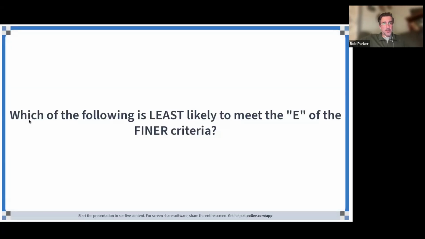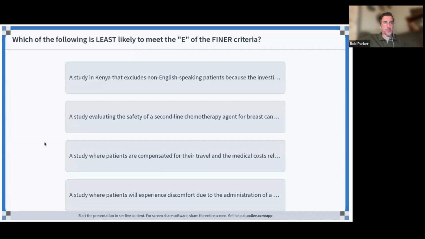Okay, hanging on to the lead. Okay, which of the following is least likely to meet the E of the FINER criteria? All right, which is the least likely?